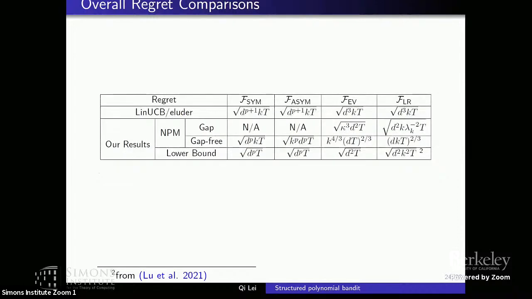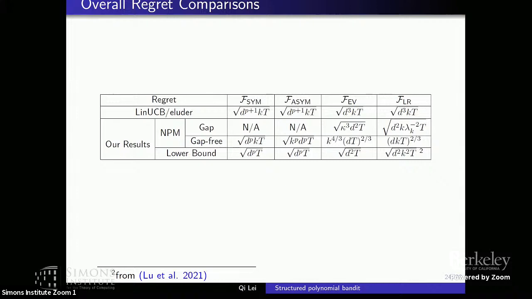Together, we can see all the results for the stochastic settings. We have looked at 4 different kinds of problems, different kinds of structured polynomials. And for each kind of problem, the previous work on the dependence on d is a factor of d worse than the lower bound.